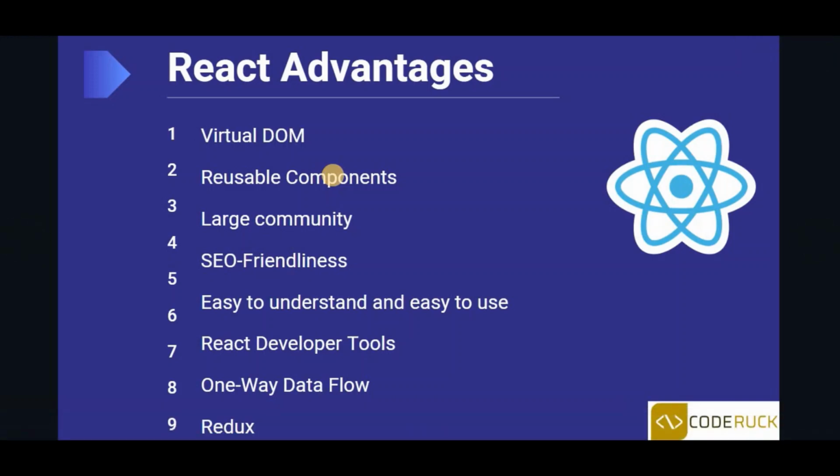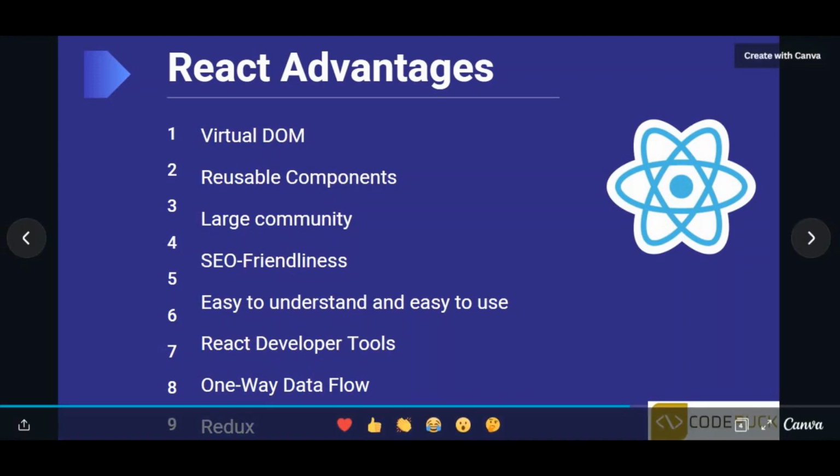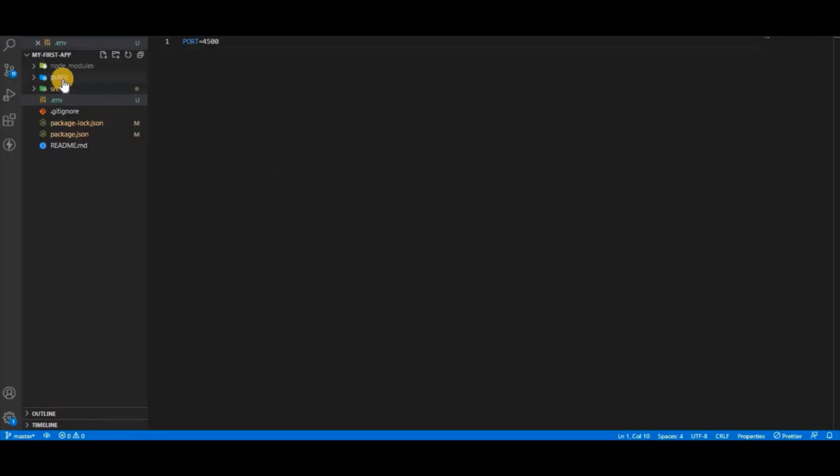Now the other one is reusable components. You must have seen several videos or tutorials saying React is all about components. Why? Because for each and every module or section you create, you have to create a component. I already have one React application.